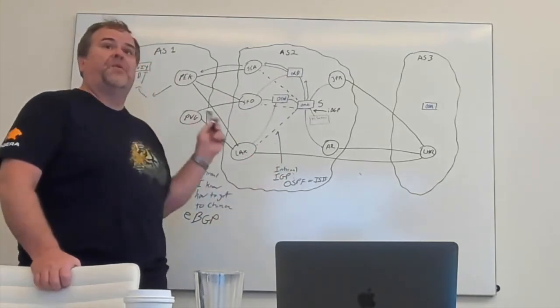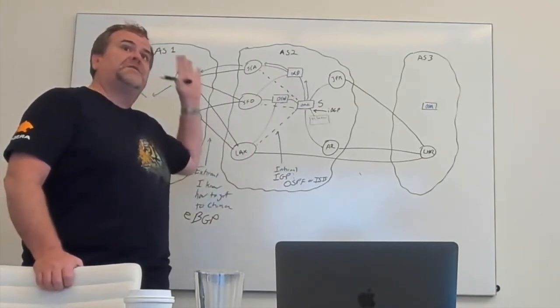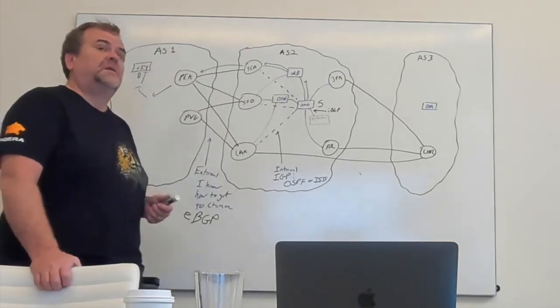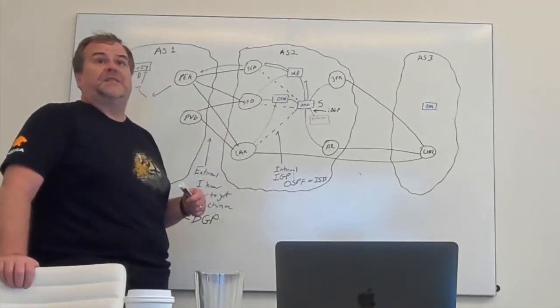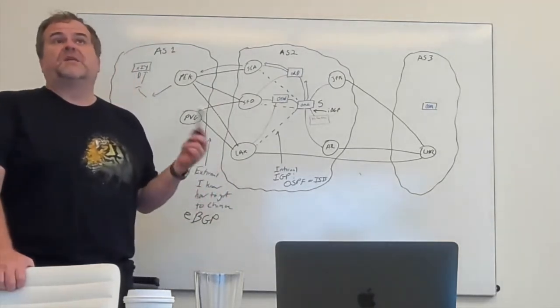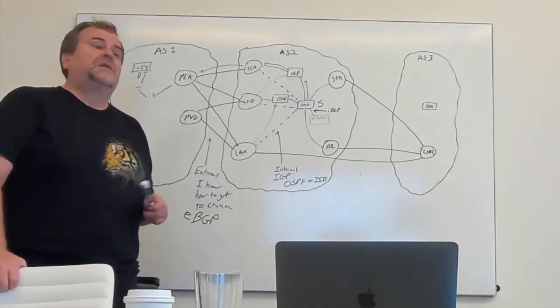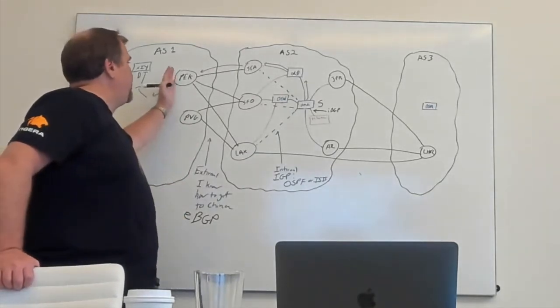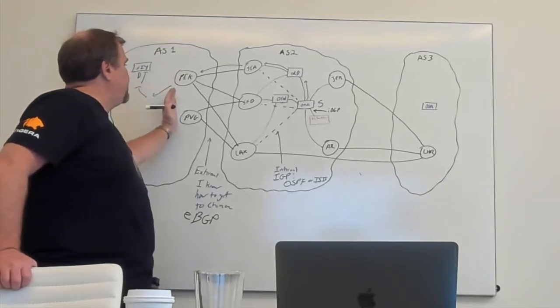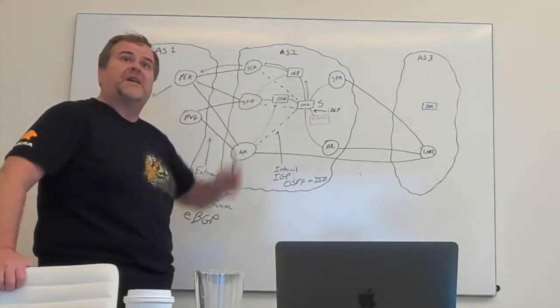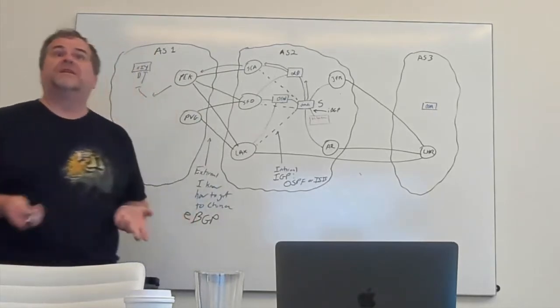BGP is a very simple thing: send all this traffic to me. That's all it's really saying. The rest of BGP's complexity is something called policy, and that's when BGP gets complex. The simple thing of Beijing and Shanghai telling Seattle, San Francisco, and LA, hey, send traffic to me, that's a couple of lines of configuration in BGP.